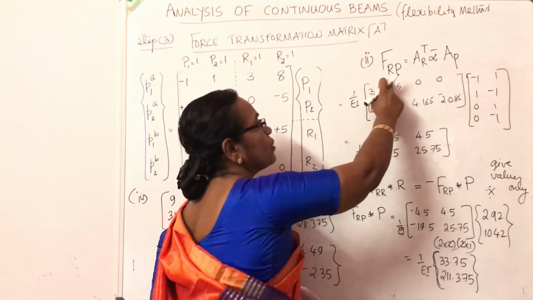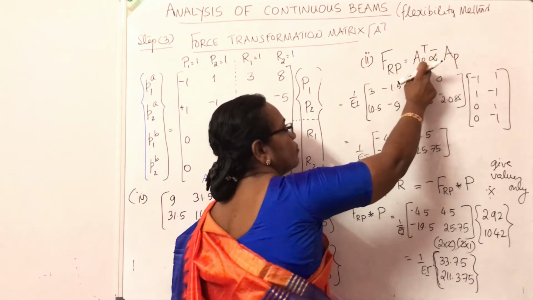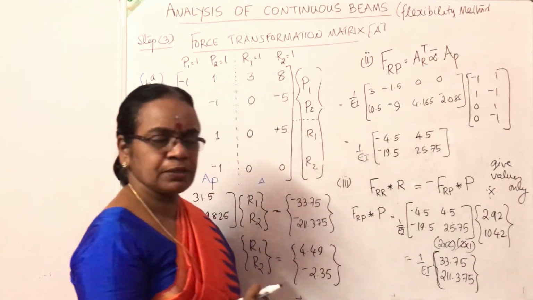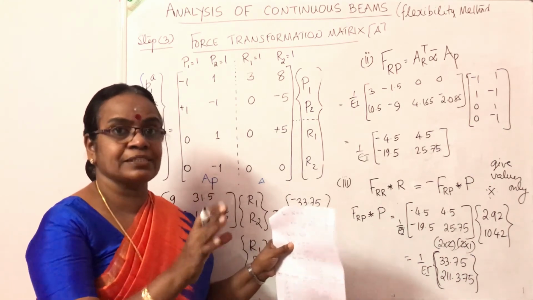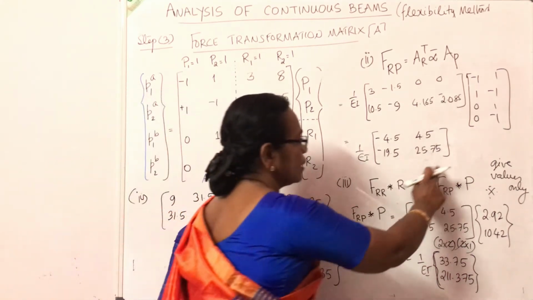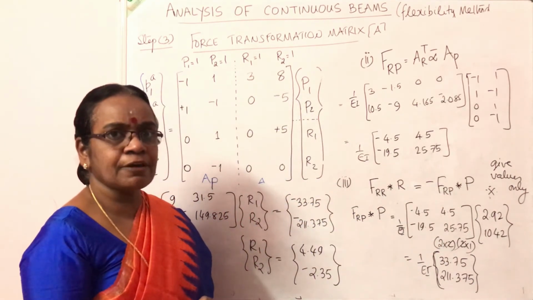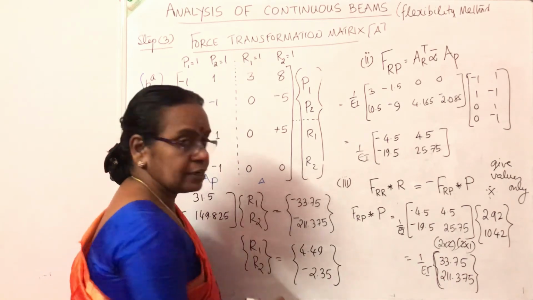The second step, FRP equals AR transpose alpha bar into AP, where this calculation is already done with us. Then FRR into R is equal to minus of FRP into P. That is nothing but the flexibility equation, F into R is equal to minus delta L. This minus delta L, the deflection in the structure due to external load, is calculated as FRP into P. So solving this, we will get the redundant values.